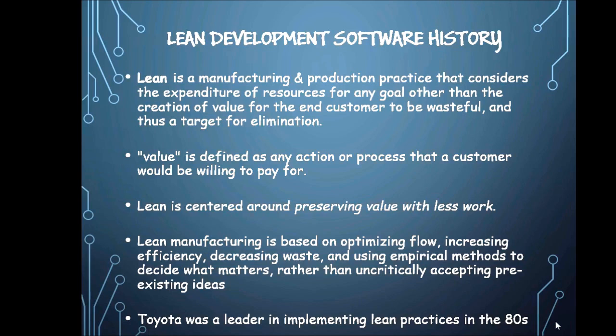Lean is centered around preserving value with less work. Lean manufacturing is based on optimizing flow, increasing efficiency, decreasing waste, and using empirical methods to decide what matters rather than uncritically accepting pre-existing ideas. As for the history, Toyota was the leader in implementing Lean practice in the 80s.